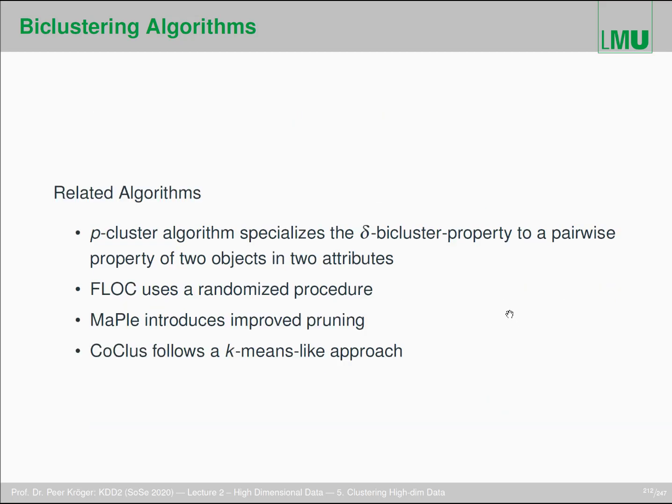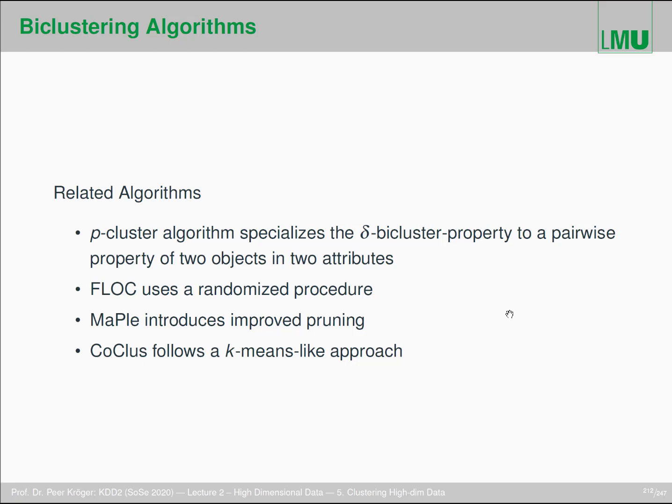There are some related algorithms, just to name them. There's an algorithm called p-Cluster, specializing on the delta-bicluster property. Then there is FLOC, which uses a randomized procedure, MaPle for improved pruning, and COALA, which uses a k-means-like approach.